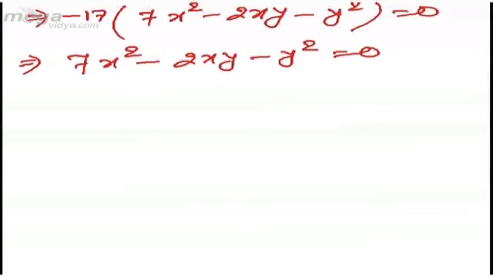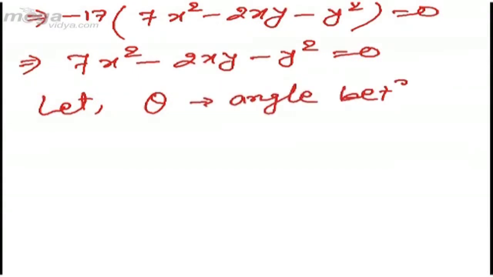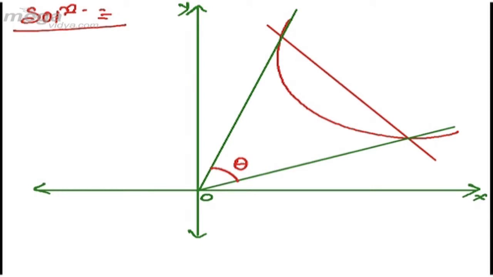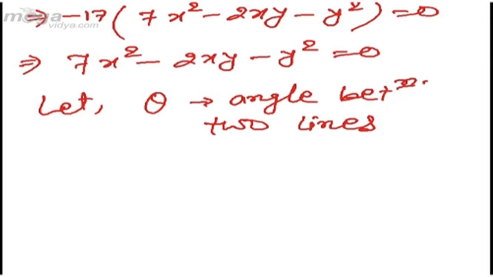the pair of straight lines. Now suppose theta be the angle between the two lines, and those two lines are these two green lines, whose equation is 7x square minus 2xy minus y square equal to 0.